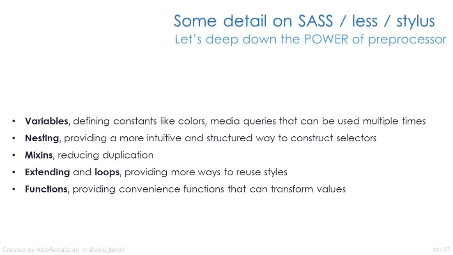I will show you a real example for every point of this slide. I just want to give you an overview. So you can nest, that means you can structure the way you write your CSS. As you may know, CSS is a declaration language. To define a color, for example, for a list, you need to define the name of the class and LI, that stands for the tag list, and you put the color. In line you write the class, the tag, and inside you have the selector.